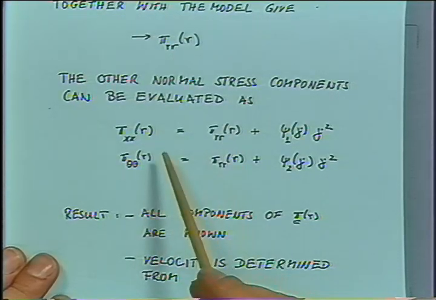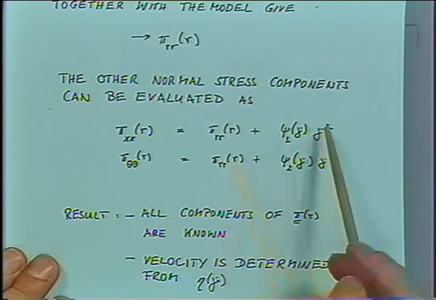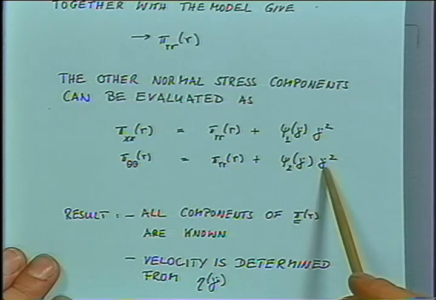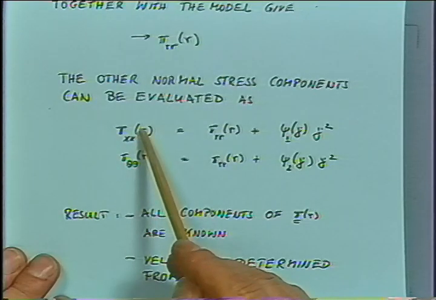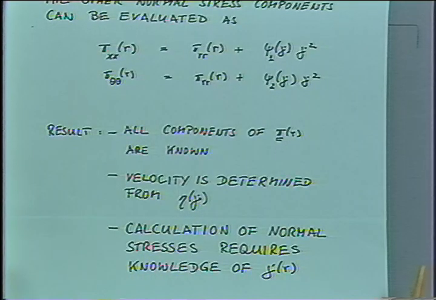So those two are known. These we calculate with the material behavior and the known kinematics, and we obtain pi xx and pi theta theta as a function of the radius. And all 9 components are known at every point in the cross-section now as a function of this model. So with that approach, we take experimental data wherever we can obtain them, and we add the remaining information with modeling.